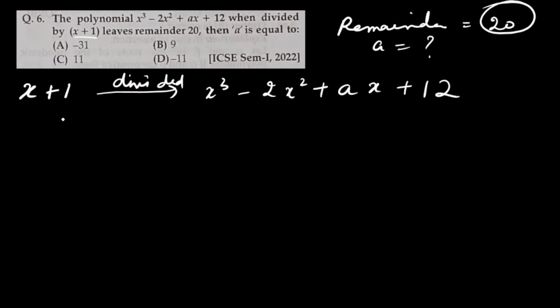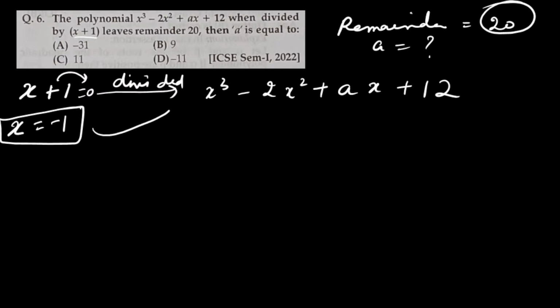So same way we will do. From the linear polynomial we will find the value of the variable by equating it with 0. So x plus 1 equals 0, when we shift to the other side it will change to minus 1. So we found the value of x is minus 1.